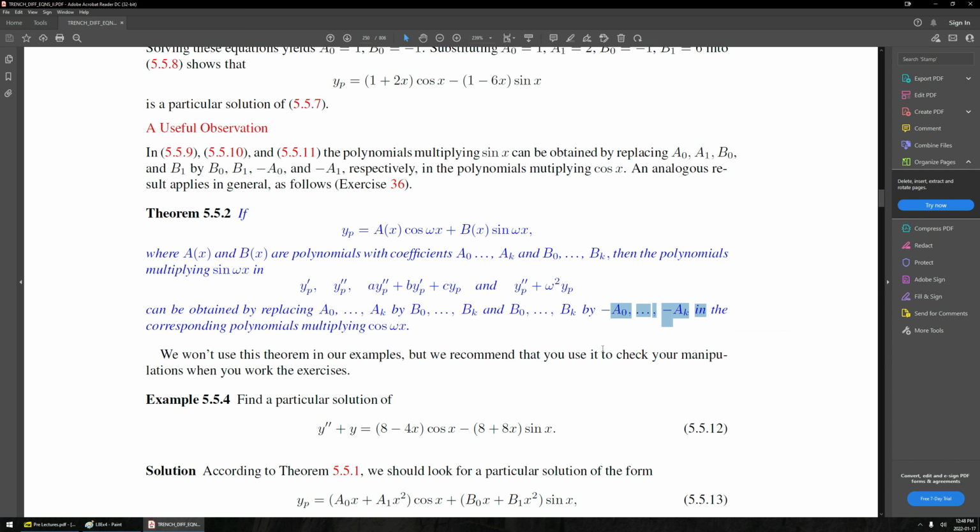Okay, so basically what this is doing is when you go to chase all these details, you'll have some stuff with sine and some stuff with cosine. This is telling you that there's a relation between that stuff, so you can use this to check your work. I would not memorize this, though. I would do the things manually because you're more likely to make a mistake when you try to memorize them.